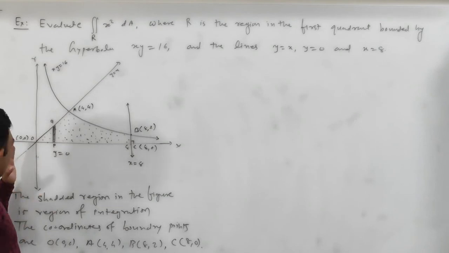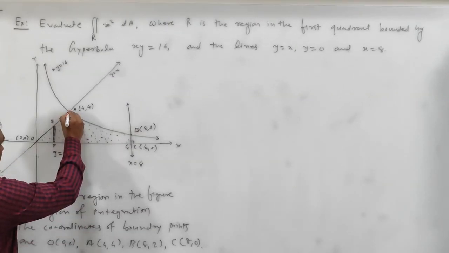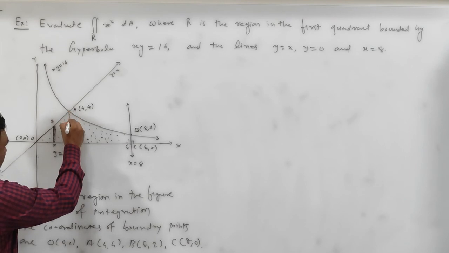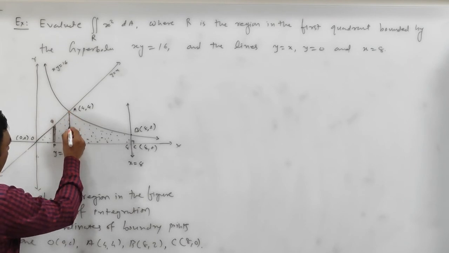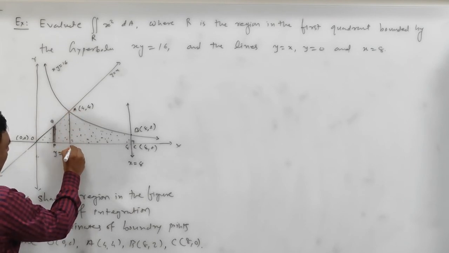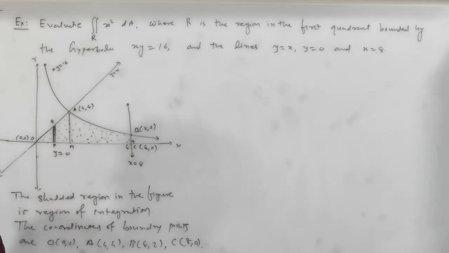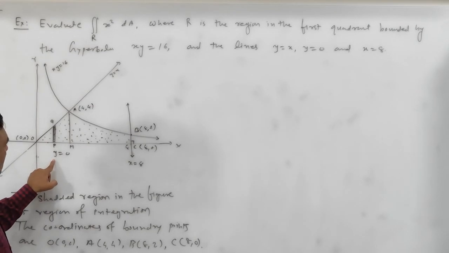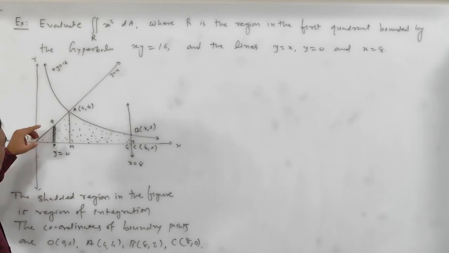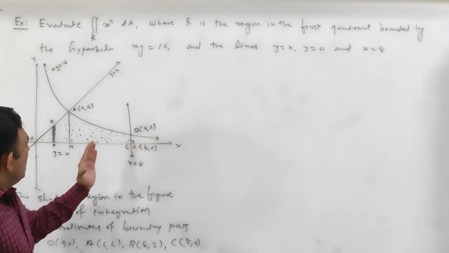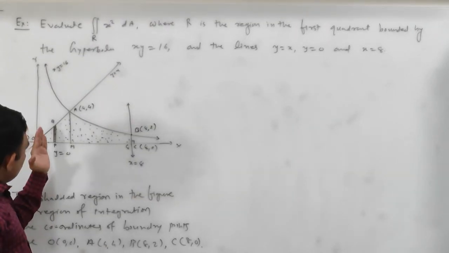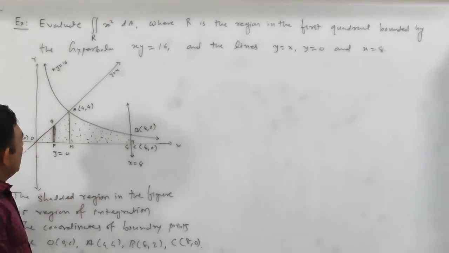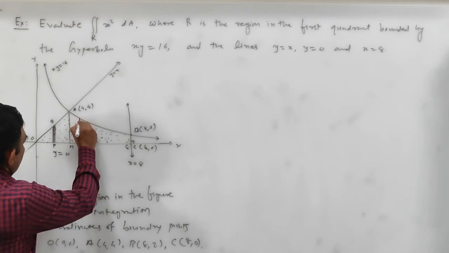Let me draw one perpendicular line segment from A and name it M. Then from O to M, the bottom end is on y equal to 0 and the top end is on y equal to x.